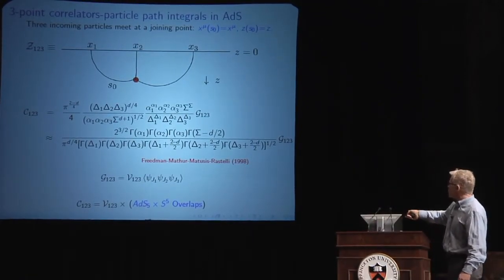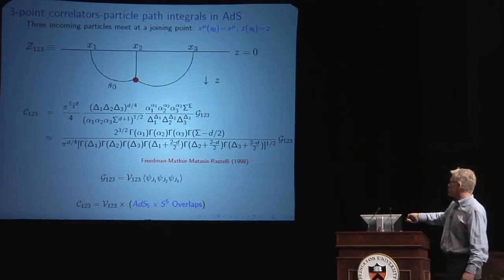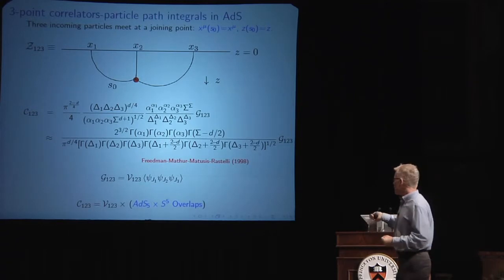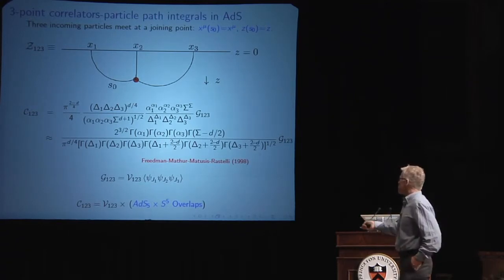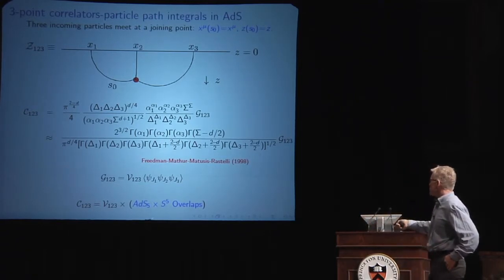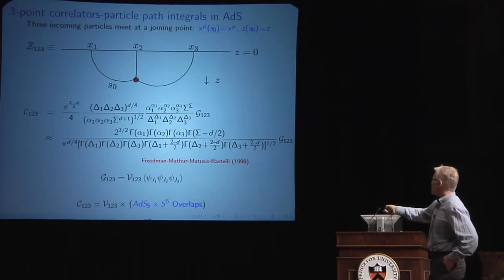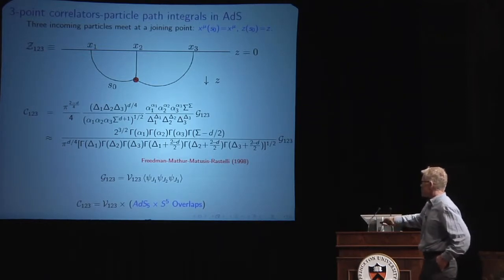Now the V123, this is what I'm going to get from my string theory calculation. Basically this is going to come from some worldsheet calculation in string theory. And so my structure constant will basically be a product of this AdS5 overlap integral times the S5 overlap integral times this V123.